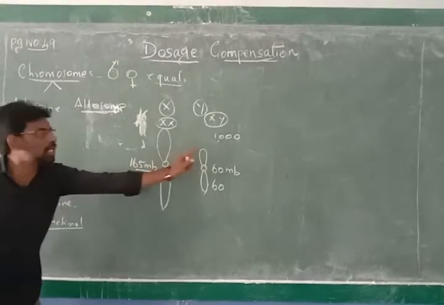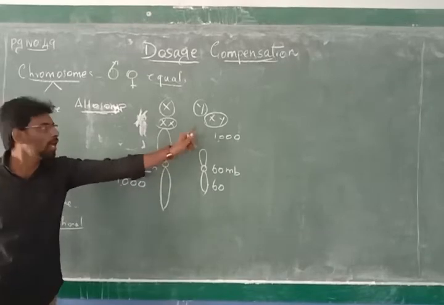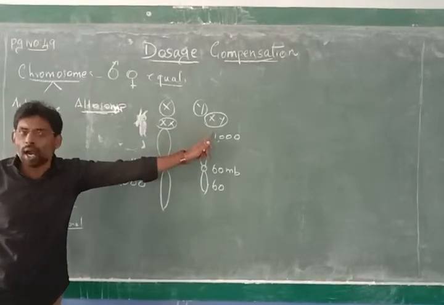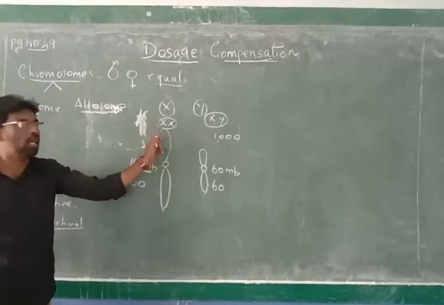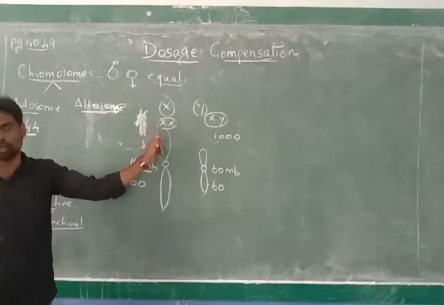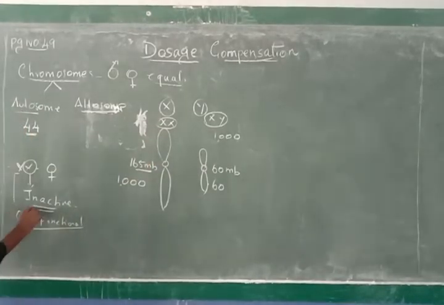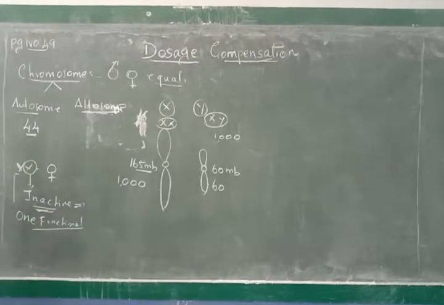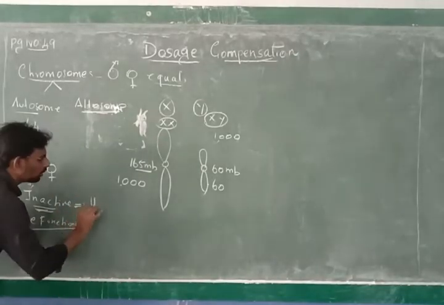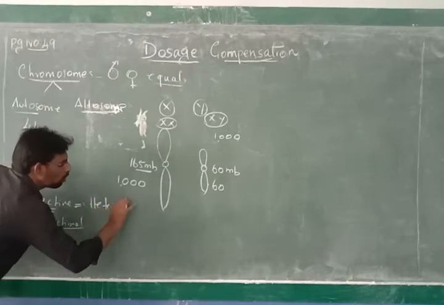So here the dosage is getting compensated. Why? Because male has 1 active chromosome, and female also has 1 active chromosome. And this inactive chromosome, I told you, is not functional. It is not going to do any function at all. So we call this heterochromatin.